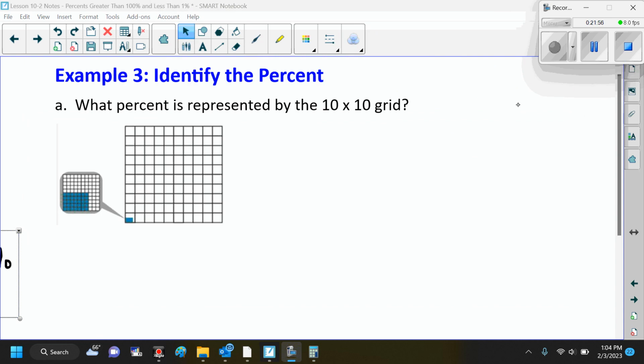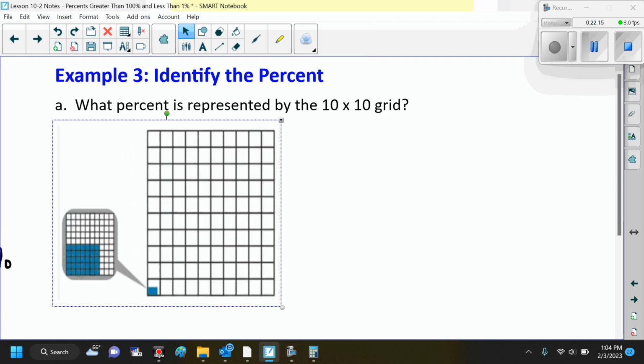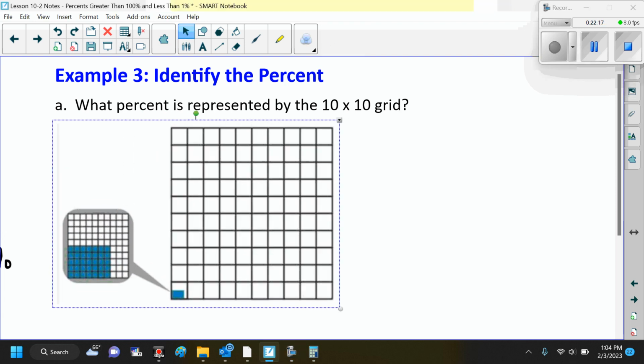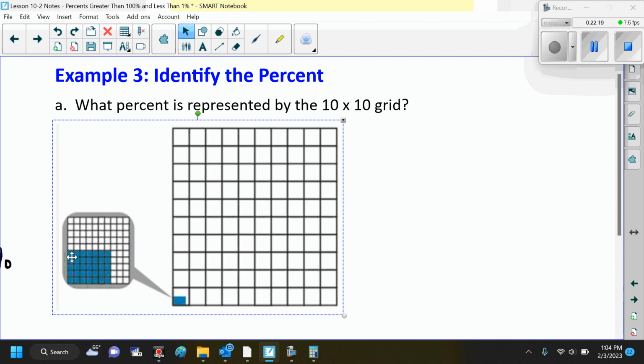All right, so I said that I was going to go back at the end of the lecture and show you how to do the calculations for example 3 for the percents that are less than 1%. So here we want to find what is the percent that is shown here. I'll make it a little bit bigger so you can see it. When we look at this, we can see this is 5, 10, 15, 20, 25.